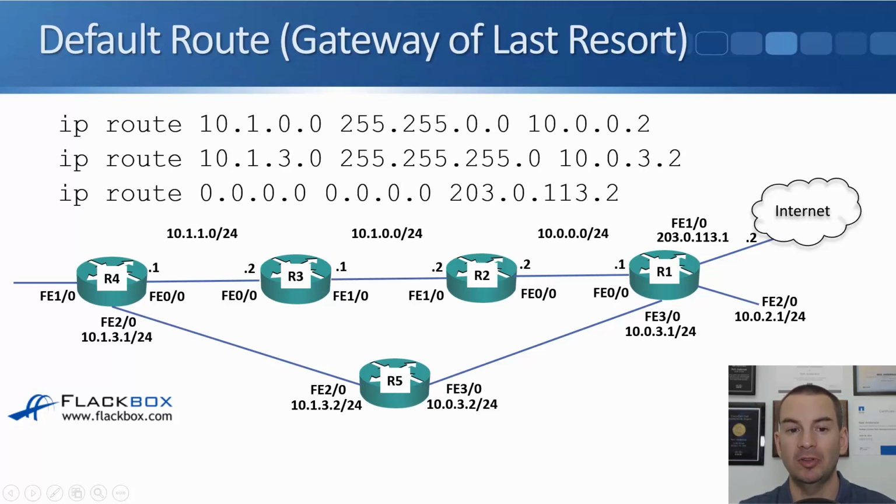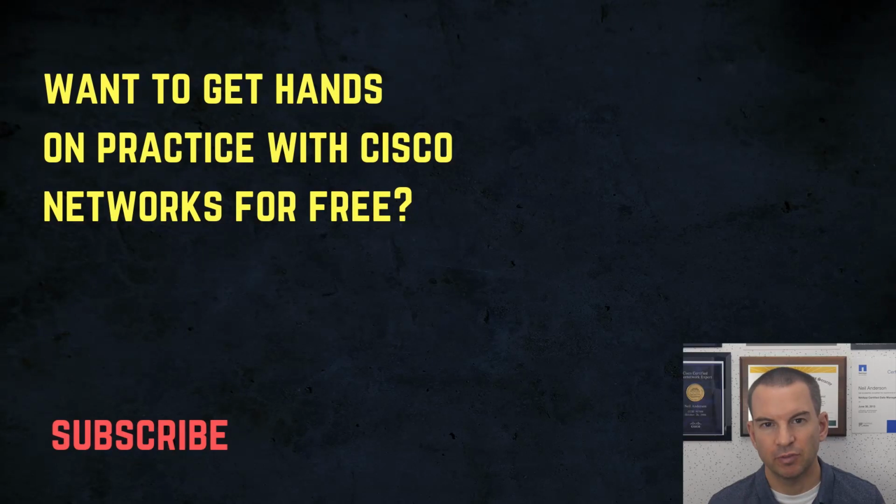If we send traffic to the 10.1.3 network, that will match all three routes, but it's the middle route which is most specific, so that will be sent to R5 at 10.0.3.2. If we send traffic out to the internet at 50.50.50.50, it doesn't match the first two routes, it only matches the last route, so that will be sent out to the internet.